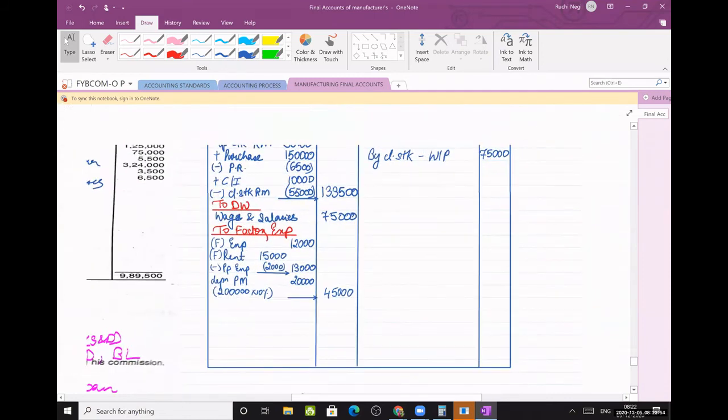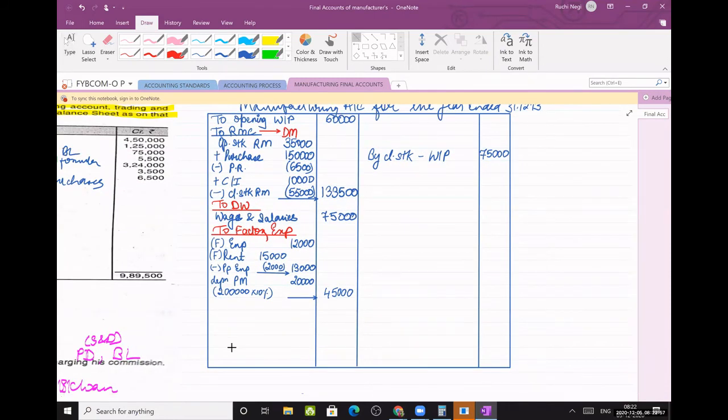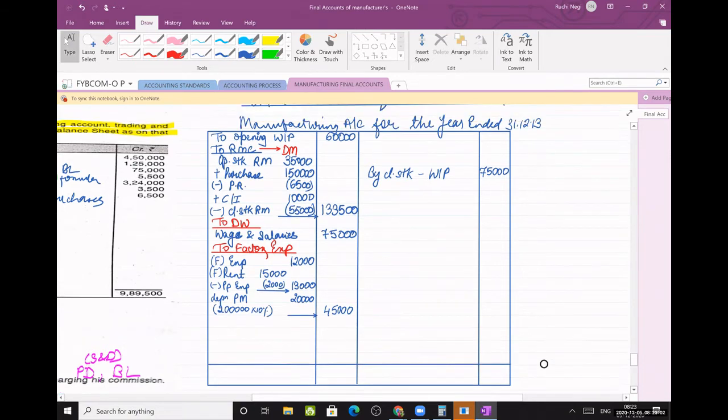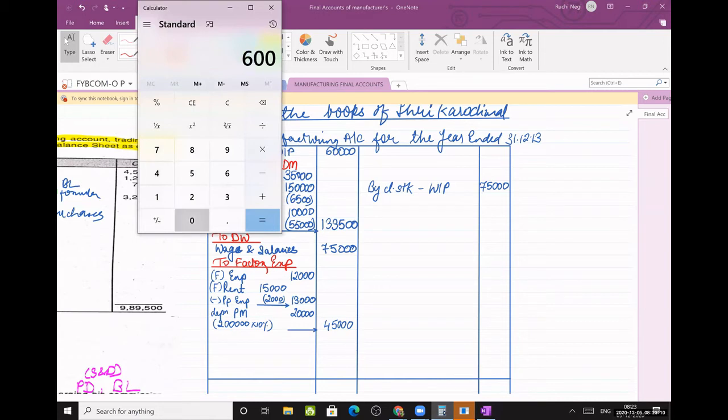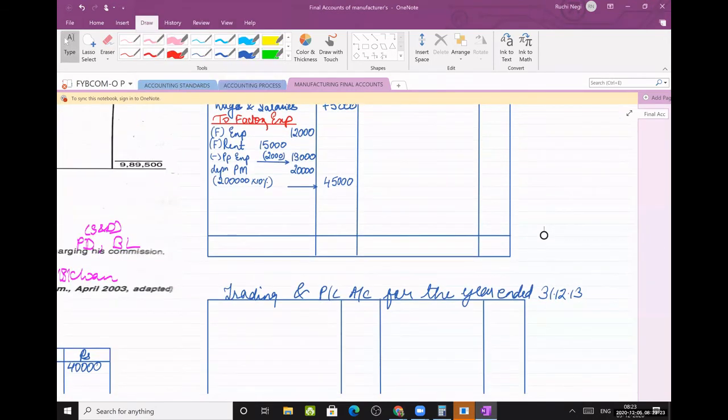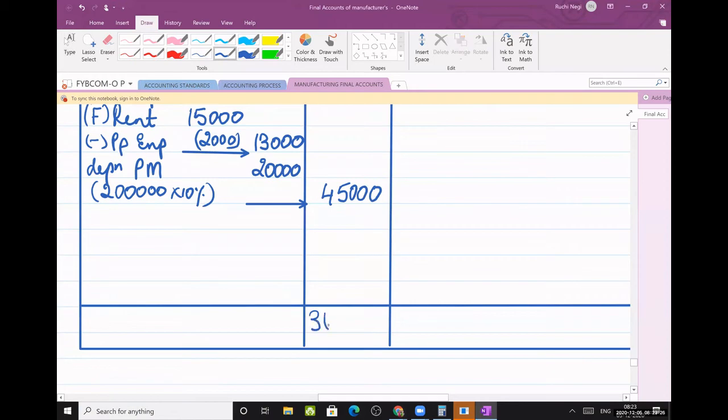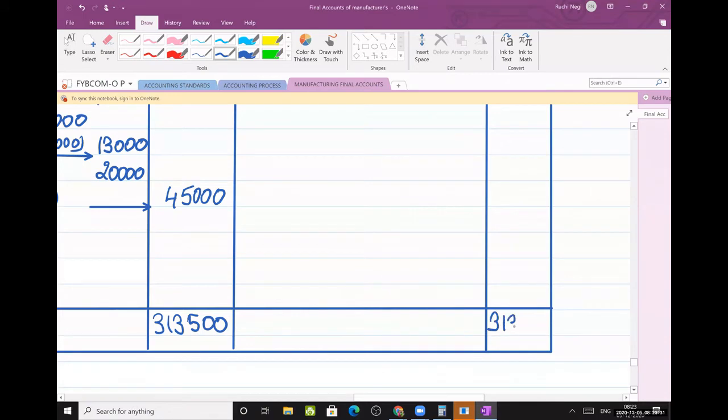So now close your manufacturing account. Total it: 60 plus 1,33,500, plus 75,000, plus 45,000. 3,13,500 right here, 3,13,500.